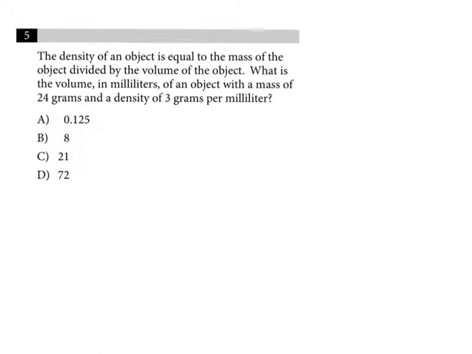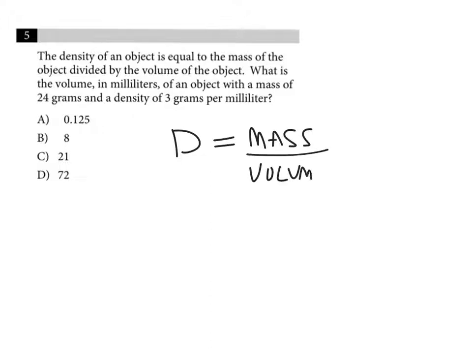Problem 5, the density of an object is equal to the mass of the object divided by the volume. And the question is saying, what is the volume of an object with a mass of 24 grams? So what is the volume? That's going to be my x. It says the mass is 24 grams.